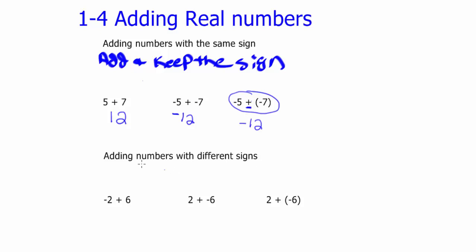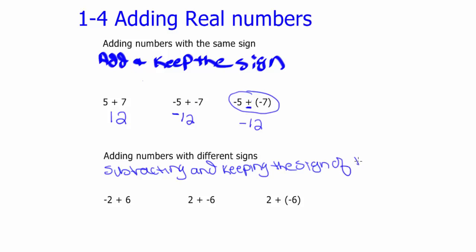Adding numbers with different signs, you actually end up subtracting and taking the sign of the larger number, of the larger absolute value, I should say.